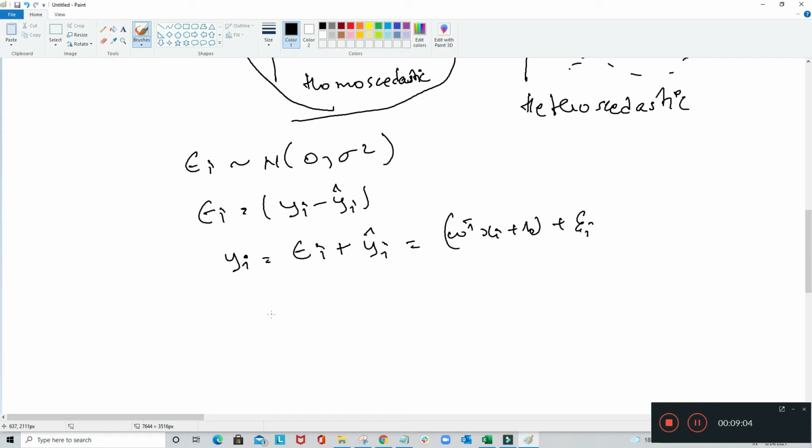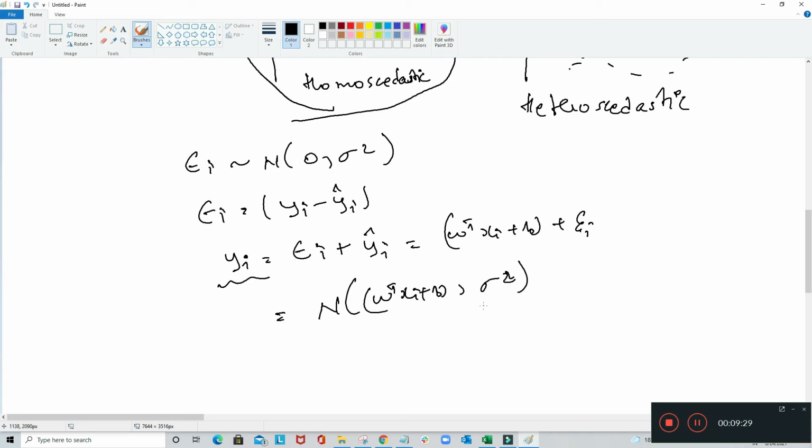Since epsilon i is normally distributed with mean 0 and variance sigma square, the distribution of yi can be written as a normal distribution with mean w transpose xi plus b and variance sigma square.